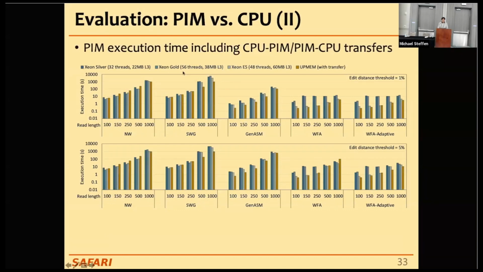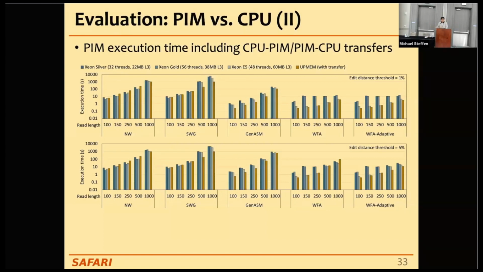Now, in comparison to the PIM system, this execution time, this yellow or gold bar that just appeared, represents the results on the UPMEM-based PIM system, including data transfers. Remember that we have the UPMEM memory and we have the main memory where everything starts.